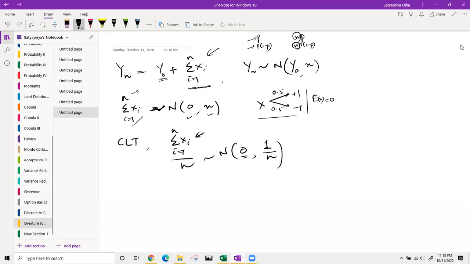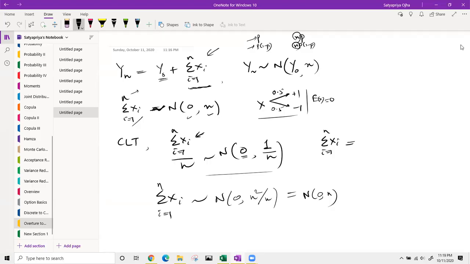So if this is the distribution, then the sum of xi, i equal to 1 to n, will be distributed with mean 0, and variance will go as n squared by n, which is n. Correct? So this is n times something that is normal.